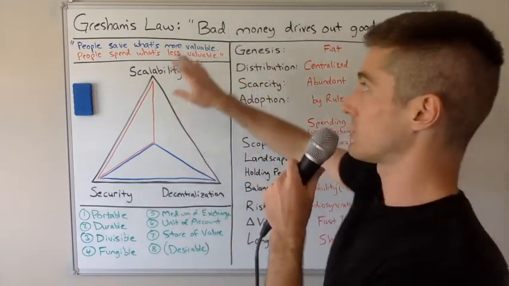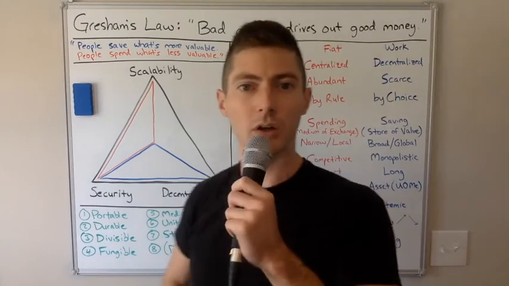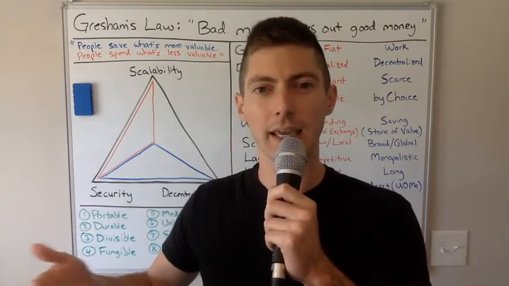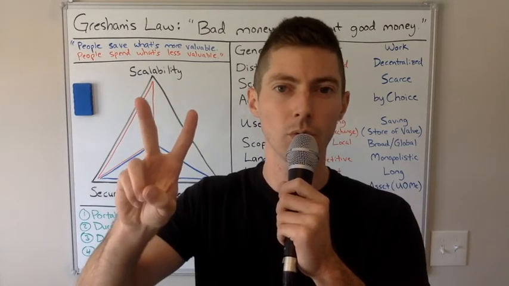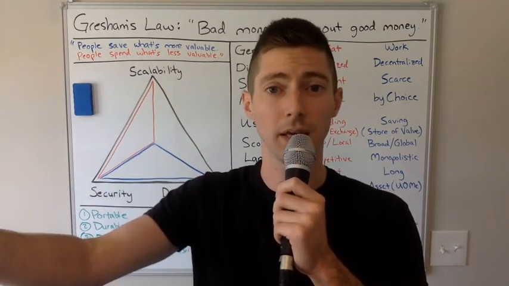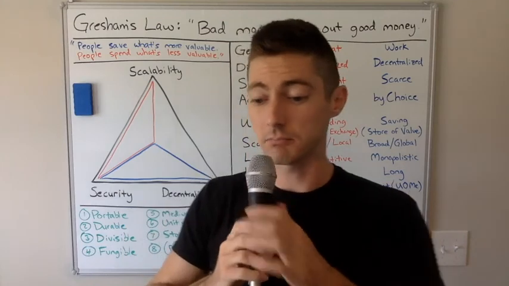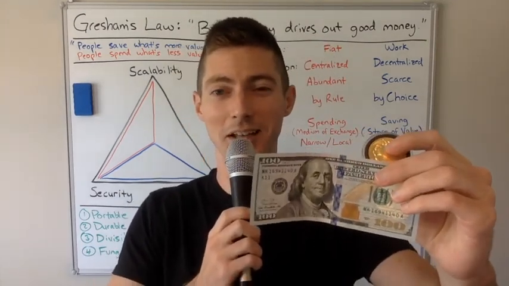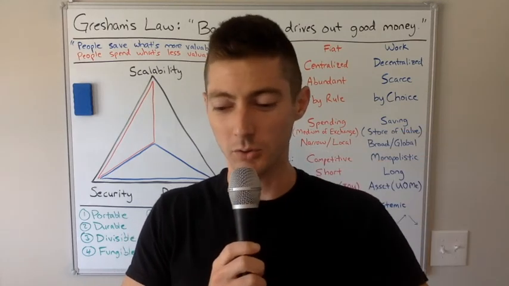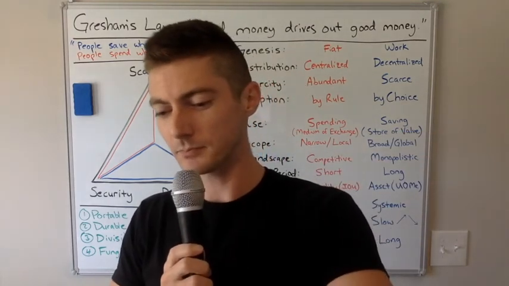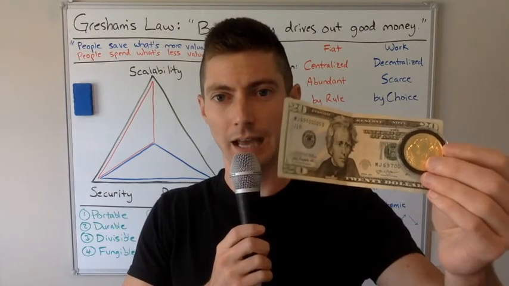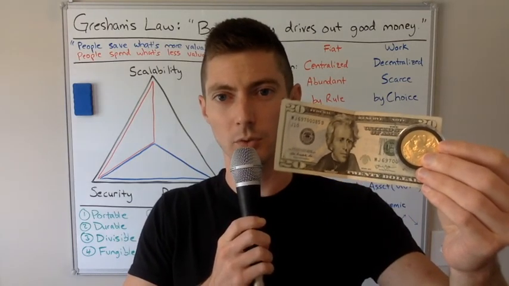So that's basically Gresham's law, and we observe that in all cultures, all over the world, all throughout history, and it doesn't just pertain to gold. It applies anytime there are two or more options of what to spend. Let's say I have a $100 bill and a gold coin, or maybe a better example: back in the day in the United States, an ounce of gold was approximately worth $20.